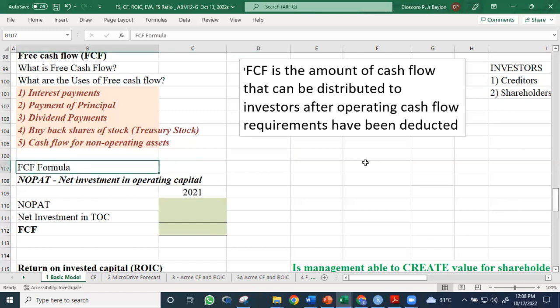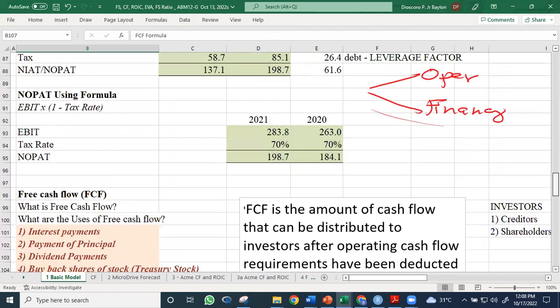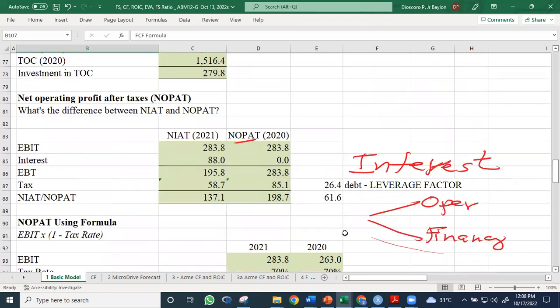So how do we compute for the free cash flow? Okay. To compute for the free cash flow, we need NOPAT. From the NOPAT, ima-minus natin yung net investment in operating capital. Okay. So let's start with NOPAT dito. Hindi natin tinanggal yung interest, kasi ibabawas yun coming from the free cash flow.